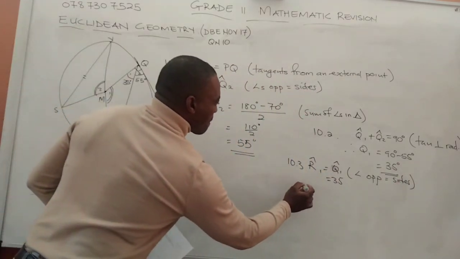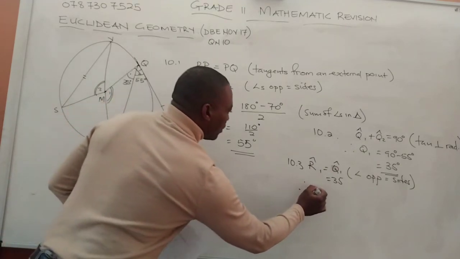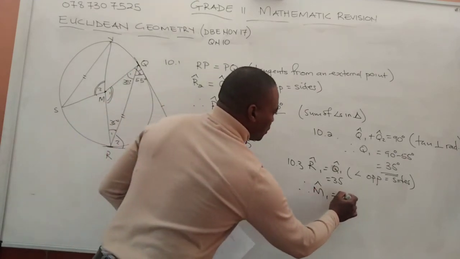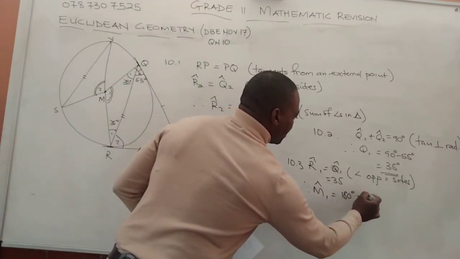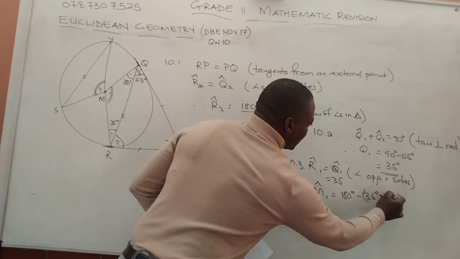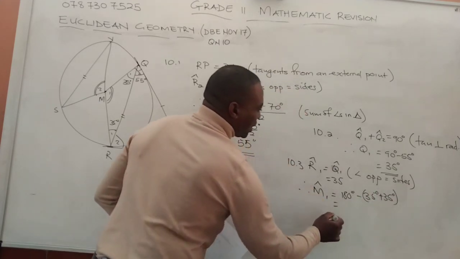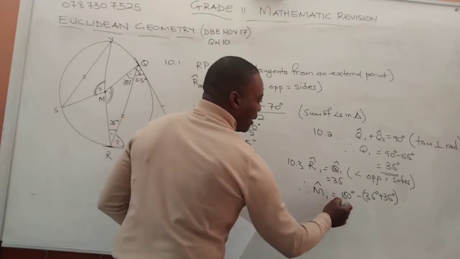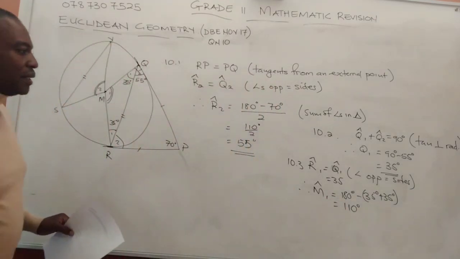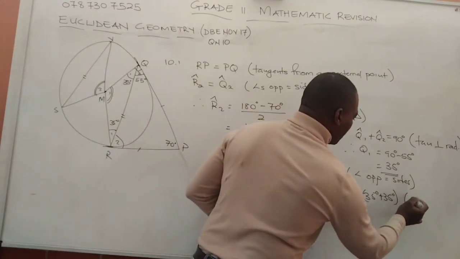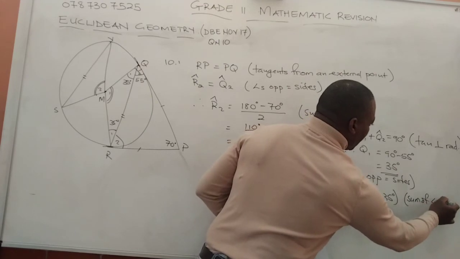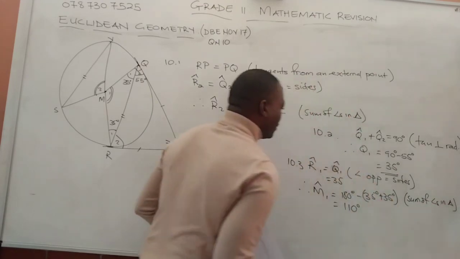Therefore, angle M1 will be equal to 180 degrees minus 35 degrees plus 35 degrees, which will basically give us 110 degrees. And every statement must have a reason: sum of angles in triangle.